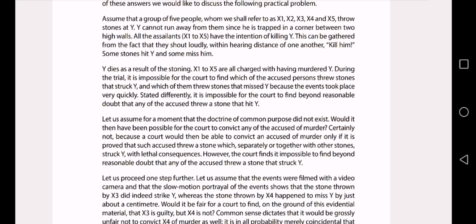Stated differently, it is impossible for the court to find beyond reasonable doubt that any of the accused threw a stone that hit Y.